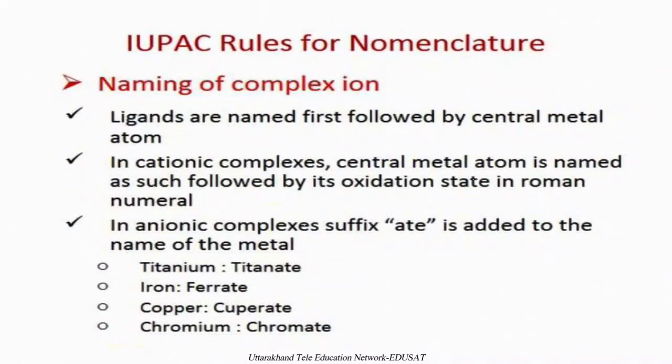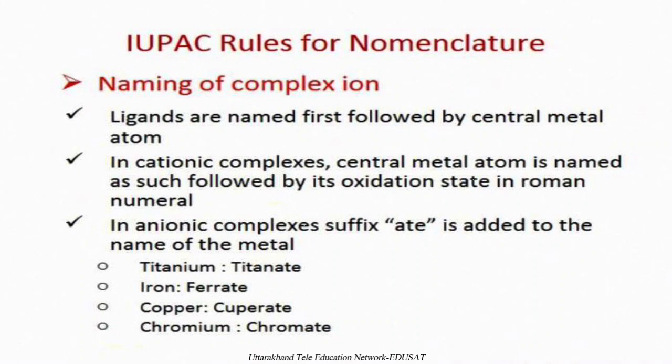The naming of a complex ion. How can we name a complex according to IUPAC nomenclature? First, ligands are named first, followed by the central metal atom. Means if we have a complex, then the ligand name should be given first, followed by its central metal atom.